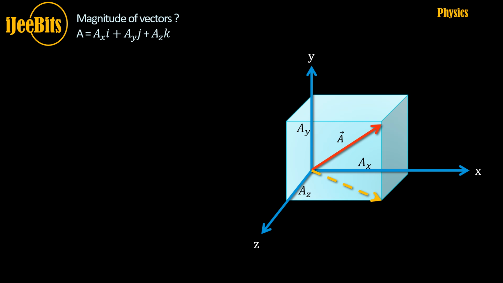So we have seen magnitude of vector in 2D. Now you can see 3D. xyz plane, axi plus ayj plus azk. The simple theory, right? If a equals axi plus ayj, then what would be the magnitude for this 2D?